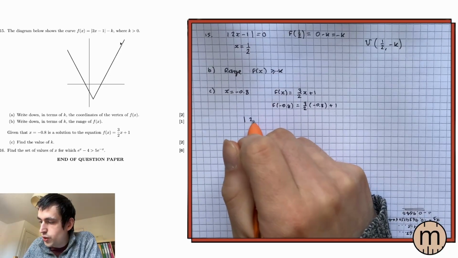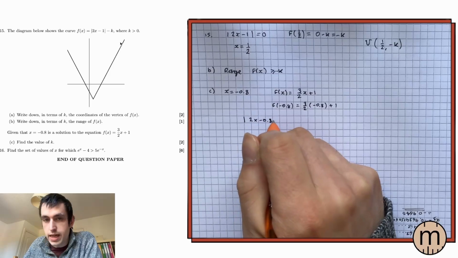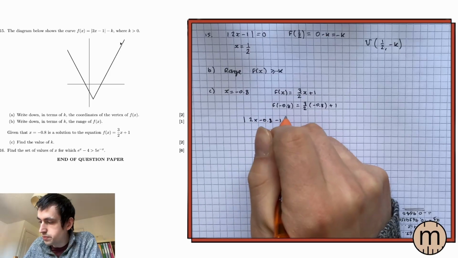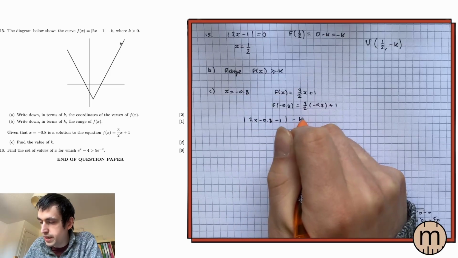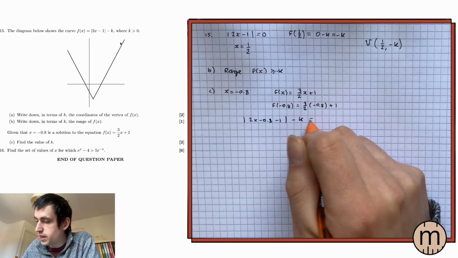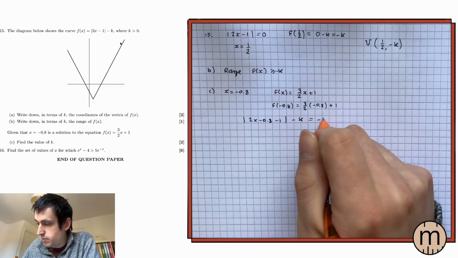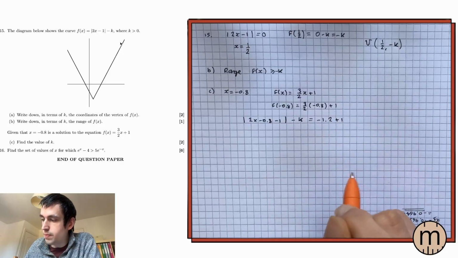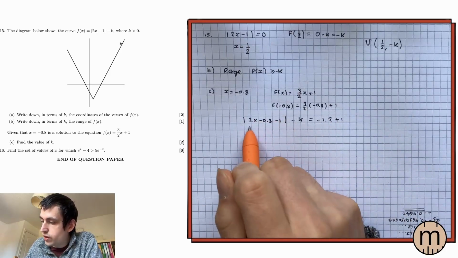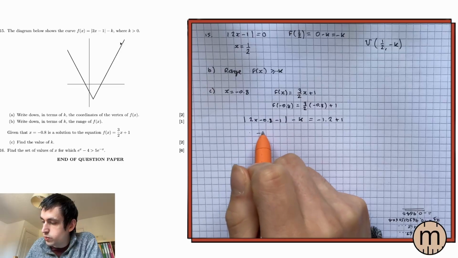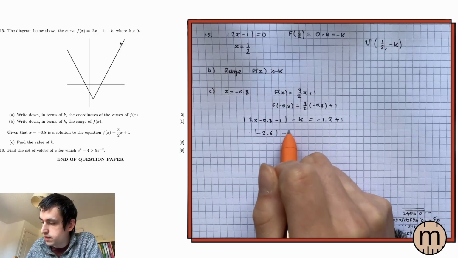So that's going to be 2 lots of minus 0.8 minus 1 in modulus minus k. And it should be equal to this hand side, which is half that times by 3 minus 1.2 plus 1. In here, we've got minus 1.6 minus 1, which is minus 2.6.